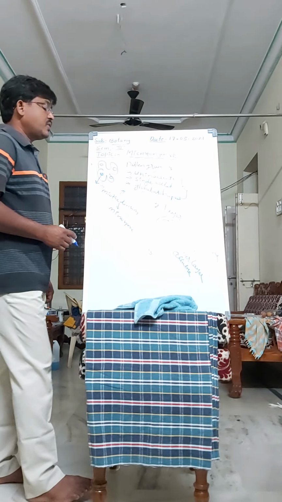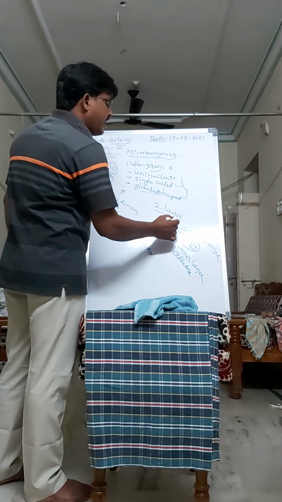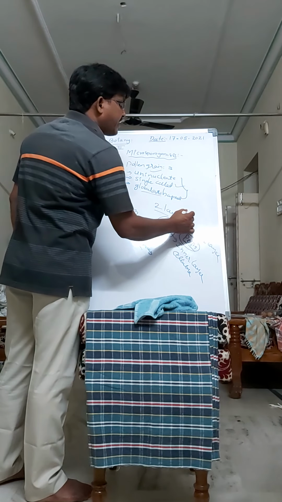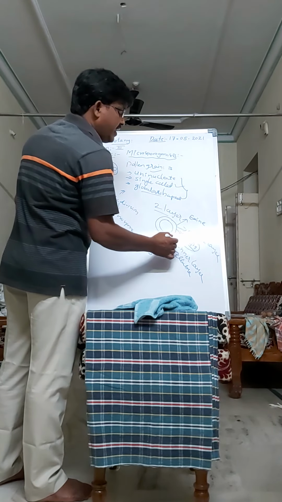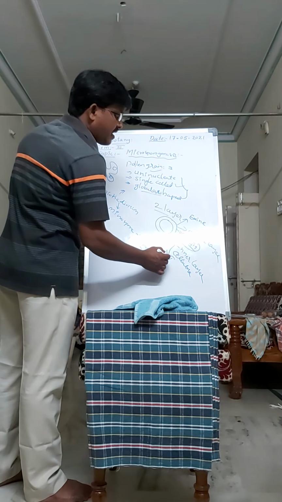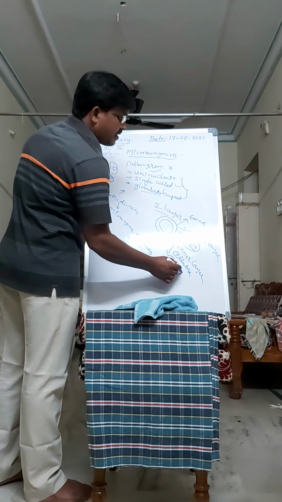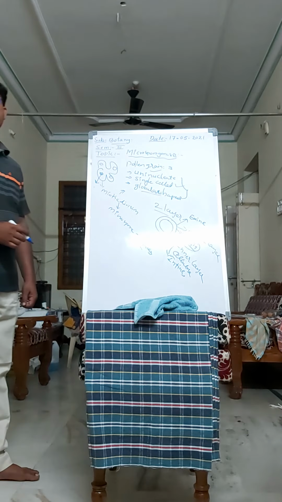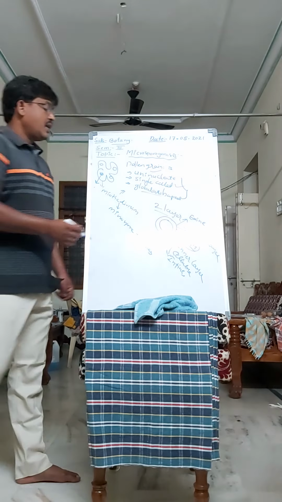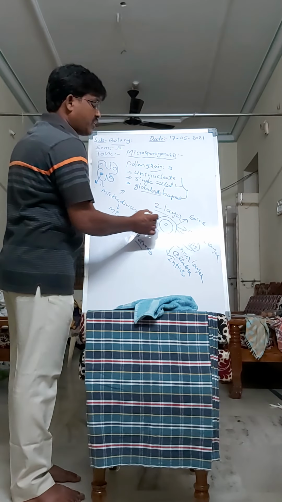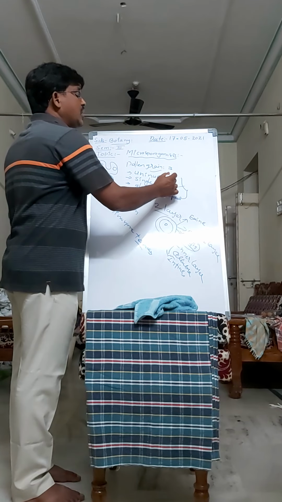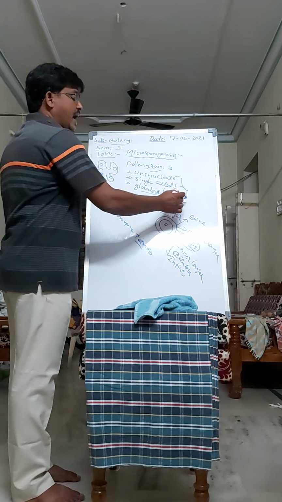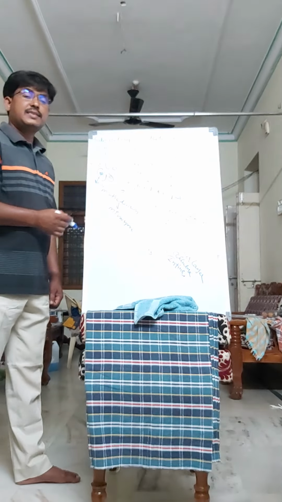The outer layer is called the exine, and the inner layer is called the intine. So this is a microspore or pollen grain, uninucleate, single celled and globular in structure.